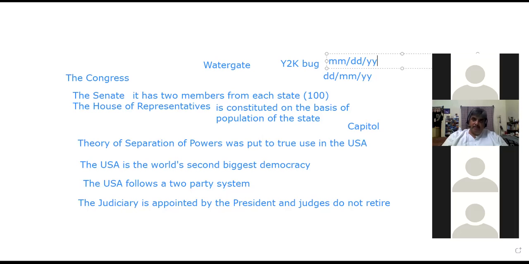Then what happens to the data? Lots of things will go crashing, including aircraft, because aircraft instrument landing systems, radars, all of these things are now run by computers.